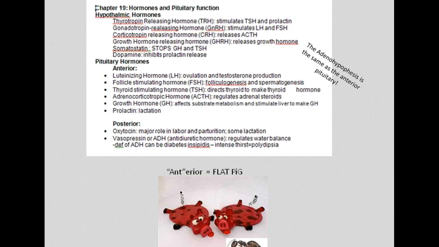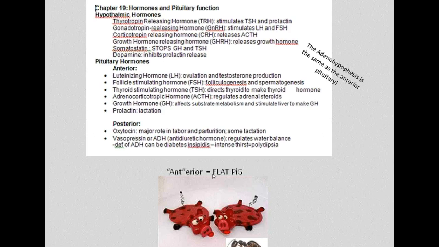The next we have the pituitary hormones, anterior and posterior. Please know that the adenohypophysis is the same as the anterior pituitary. And here's how I memorize the anterior pituitary. We've got some flat pigs down here, right? They're all squished. Flat pigs like to lay in the mud, right? And ants are in the mud and they crawl over the pigs.